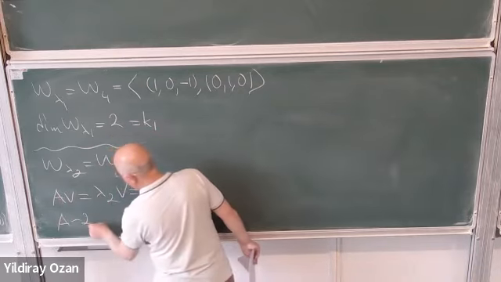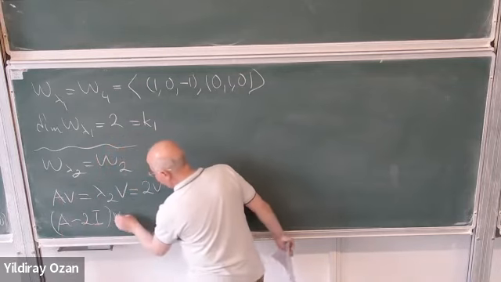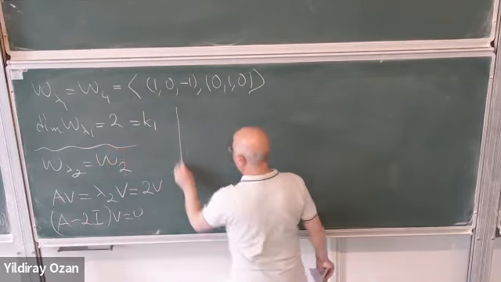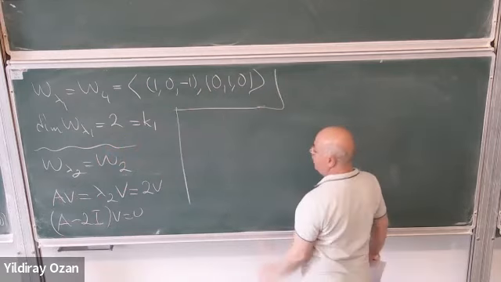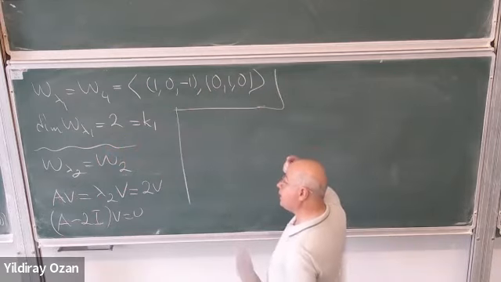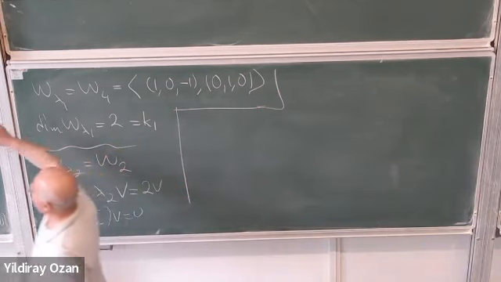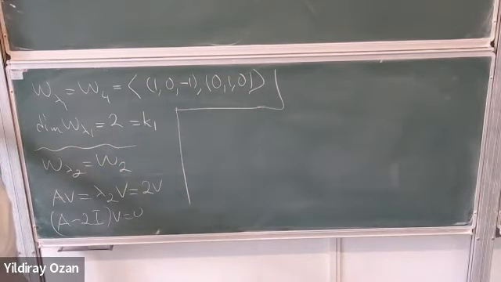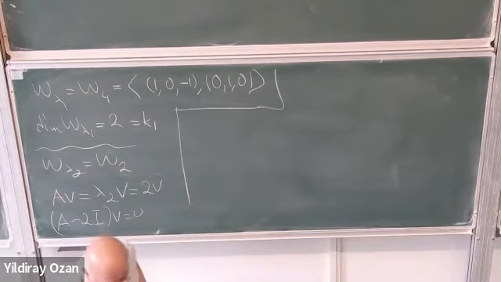Therefore, (A minus 2 times identity) B equals 0. What is A minus 2 times identity? A is this matrix. I subtract 2 times identity, so this will be 1, 2, 1. The rest will be the same.